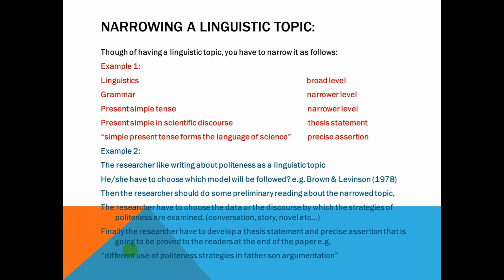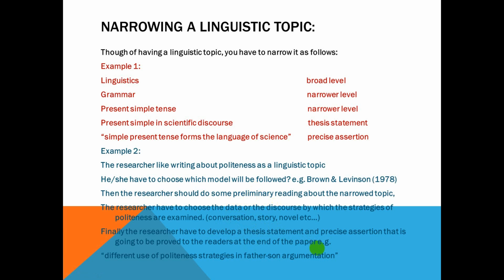The researcher has to choose the data or the discourse, meaning the text, by which the strategies of politeness are examined. It will either be in the form of a conversation between two people, on which you examine the politeness strategies, or in the form of a story or novel, whatever.